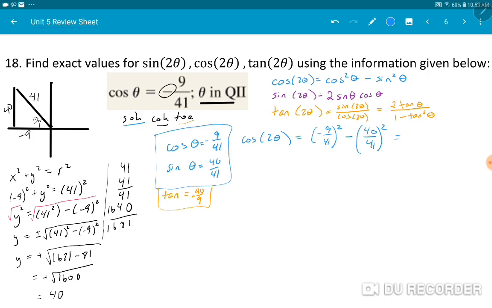The negative is squared, so it's going to be positive. 9 squared is 81, and 41 squared I found earlier is 1681. And minus 40 squared is 1600 over 1681. I'm left with negative 1519 over 1681.